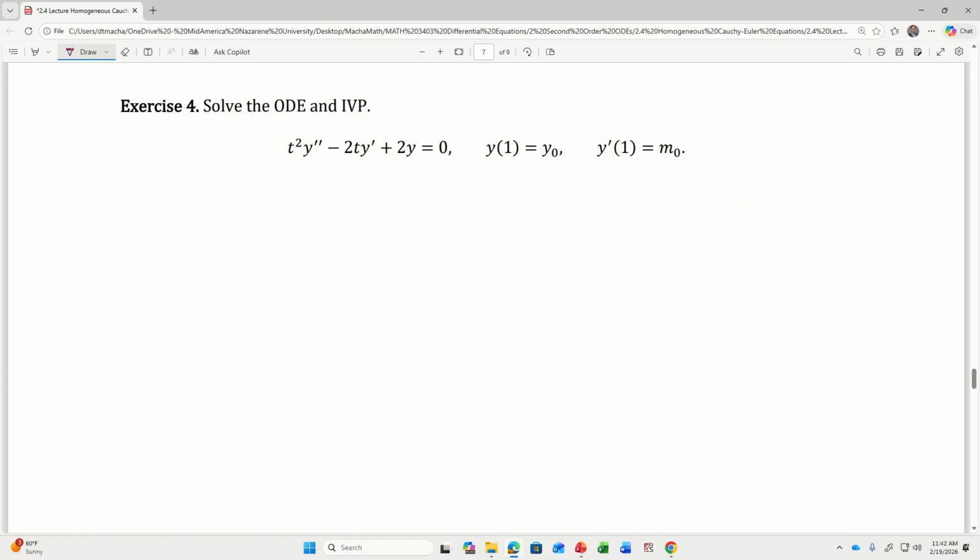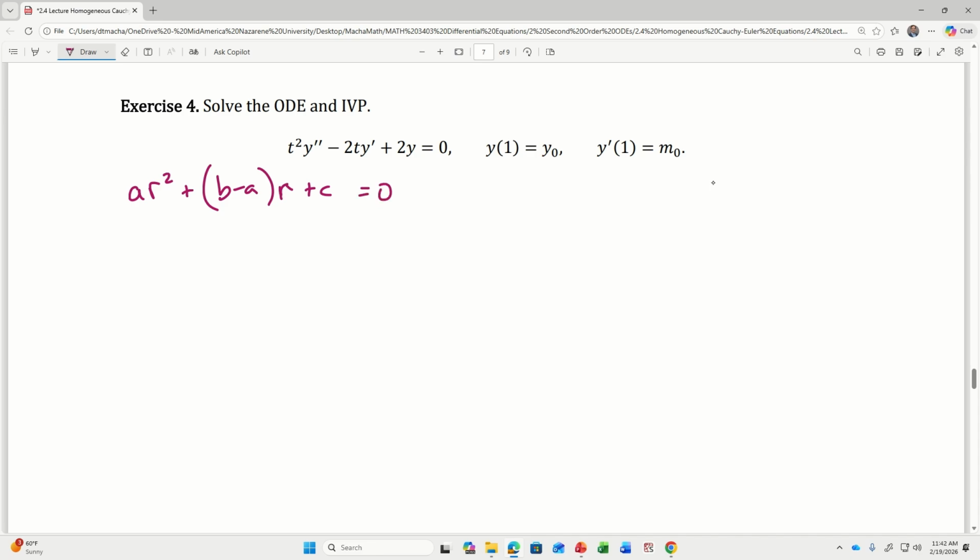So like in this one, I need the characteristic equation to be AR squared plus B minus AR plus C equal to 0.